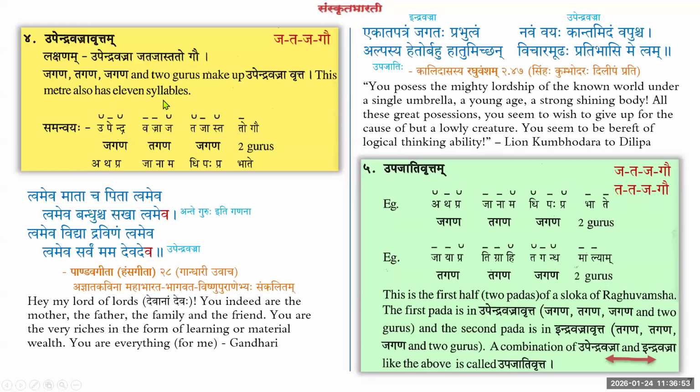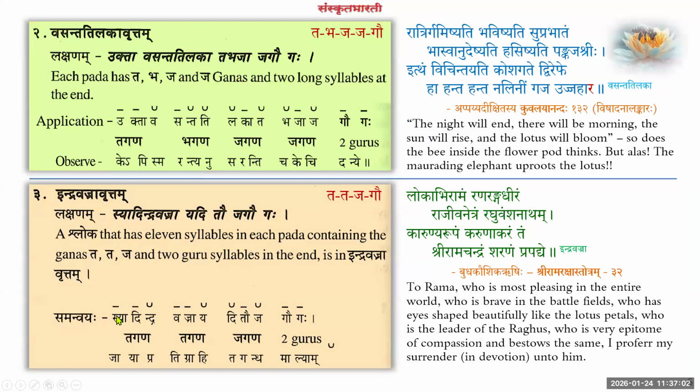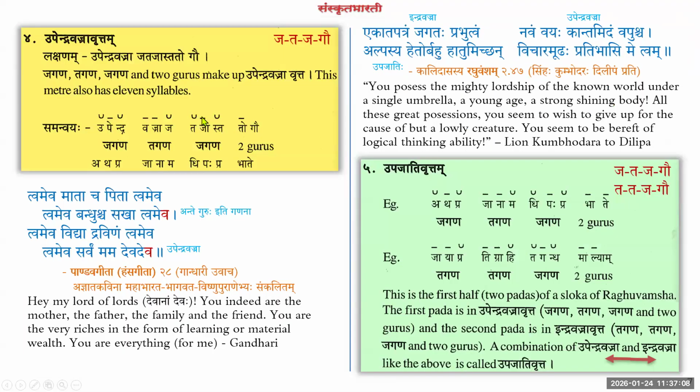So only the first column has a variation from Indra Vajra. Where it was Guru Guru in Indra Vajra, here it is Lagu Guru Lagu, and the rest are matching.